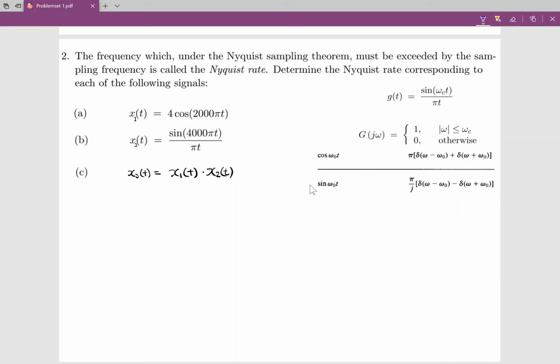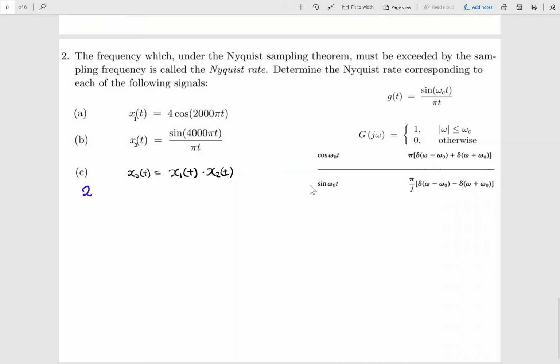And there is only one parameter to know, which is what omega 0 is in this signal. So we just compare. We see it should be cosine of something times t, and that something is omega 0. So this is cos(2000 pi t), and the something is 2000 pi. This is omega 0 for the first problem.